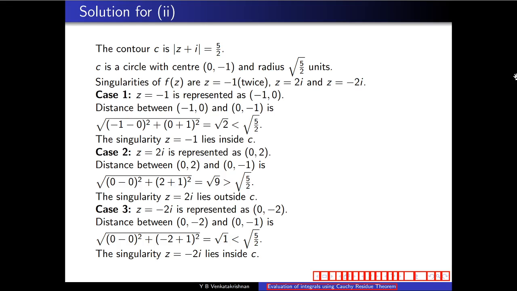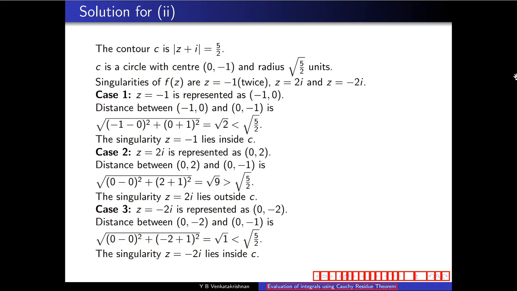I find the distance of the point 0 comma 2 from the center 0 comma minus 1 using the distance formula. When I calculate the distance, it turns out to be root 9. And we know that root 9 is greater than root 5 by 2, and therefore I can conclude that z is equal to 2i lies outside C.